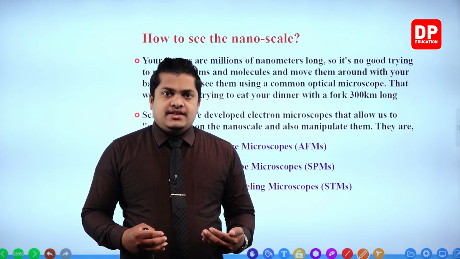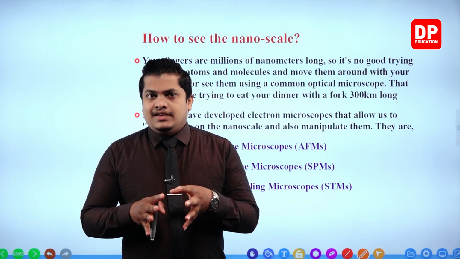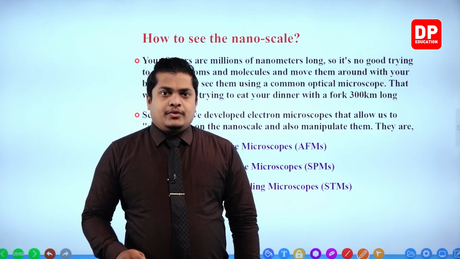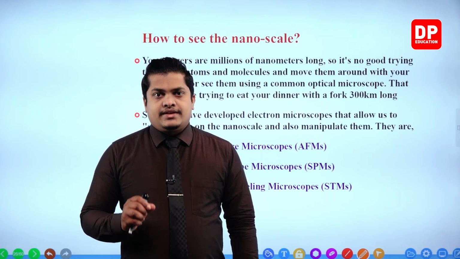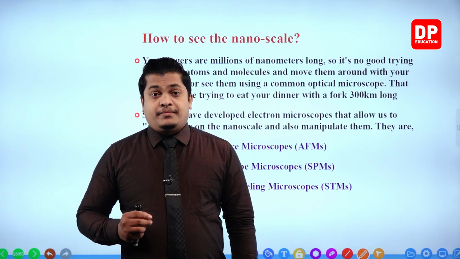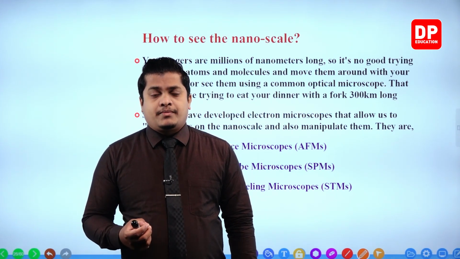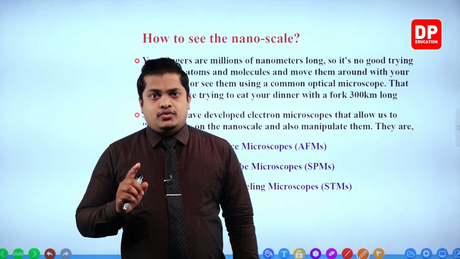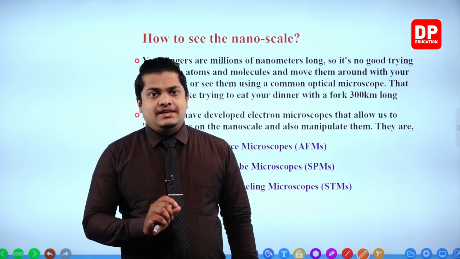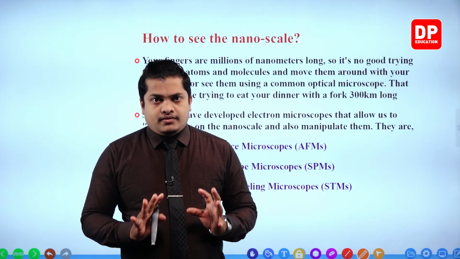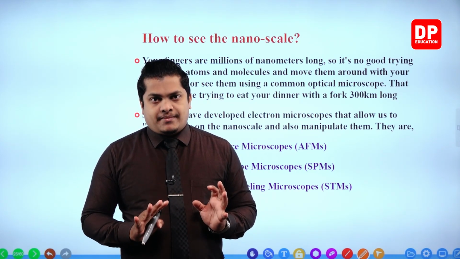Here the reactivity keeps increasing because of the increase in surface area of those particles. Because of that, special physical and chemical properties can be observed within the nanoparticles. Those are the parts that we discussed in the earlier chapter. This is just a brief recap of the previous chapter.